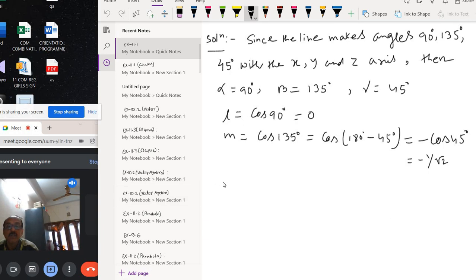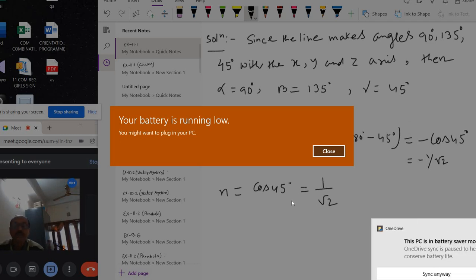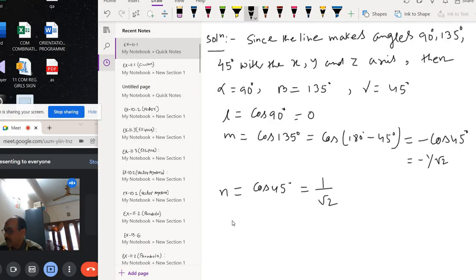And n equal to, because we know cos alpha, cos beta, cos gamma, that is LMN, are the direction cosines. So n equal to cos 45 degree, the angle is 45, so equal to 1 by root 2.